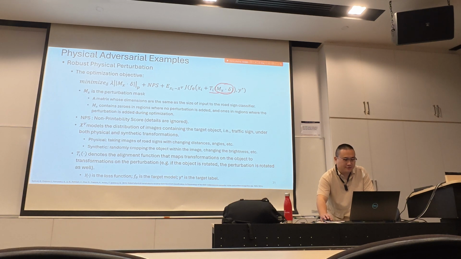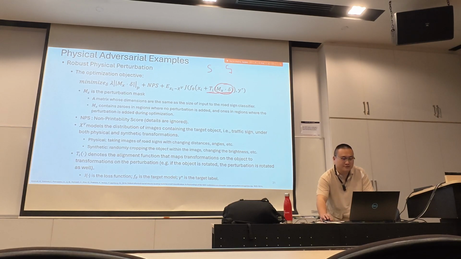For example, given the road sign, and this road sign is rotated by some degrees, like this one. Then we also need to rotate the perturbations, okay? Because the perturbations will eventually be put onto the road sign. So that is what is done by T_i. T_i will rotate the perturbations using the same transformation that is applied to the road sign.